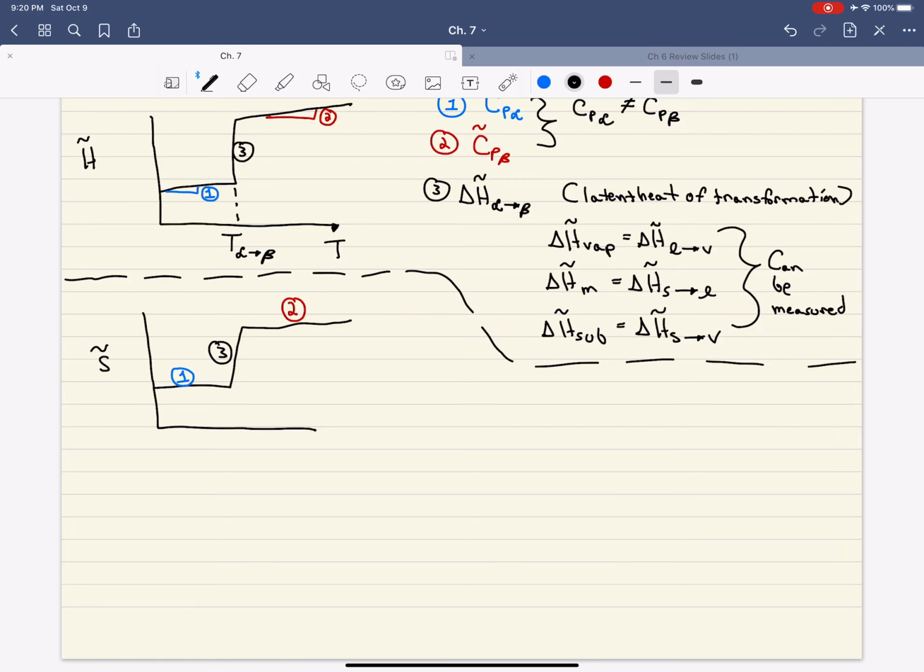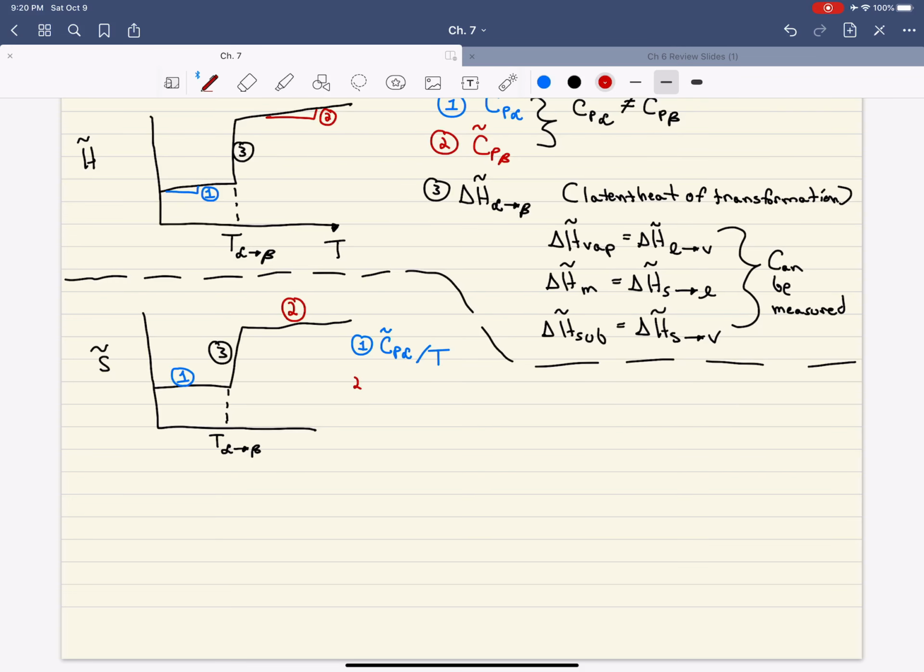In region 1, the slope corresponds to the heat capacity divided by temperature, and that comes from the fundamental entropy equation.